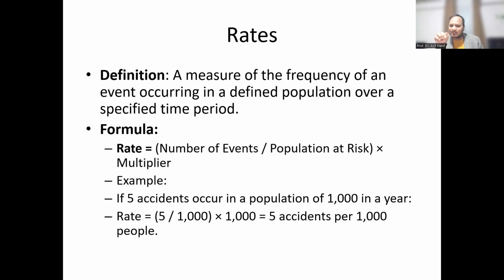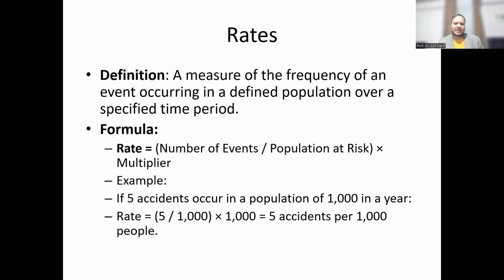In rates, time is involved. For example, the formula will be number of events, for example, number of diseased people, divided by population at risk, multiplied by 1,000, 100, 10,000, 100,000, or 1 million.